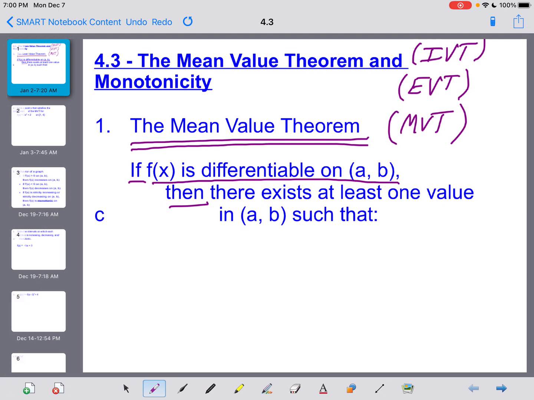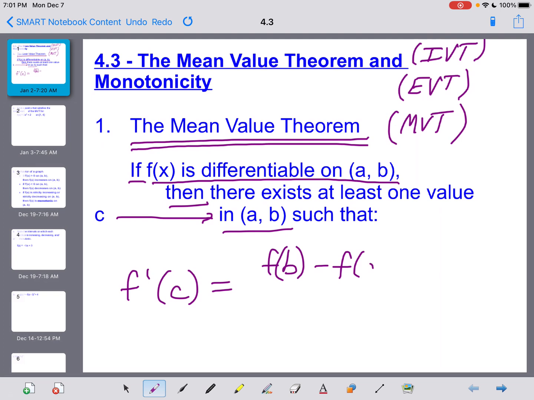And if it does, then the conclusion tells us that there exists at least one value c in this open interval from a to b, such that, and here's the big takeaway, guys, so we need to make sure that we get this written down correctly, f prime of c is equal to f of b minus f of a all over b minus a.